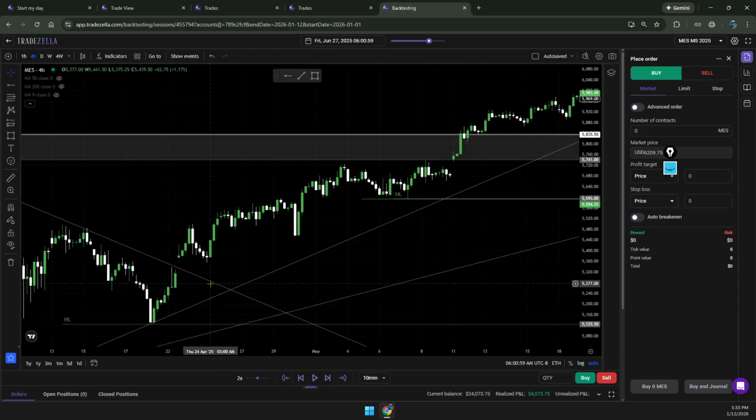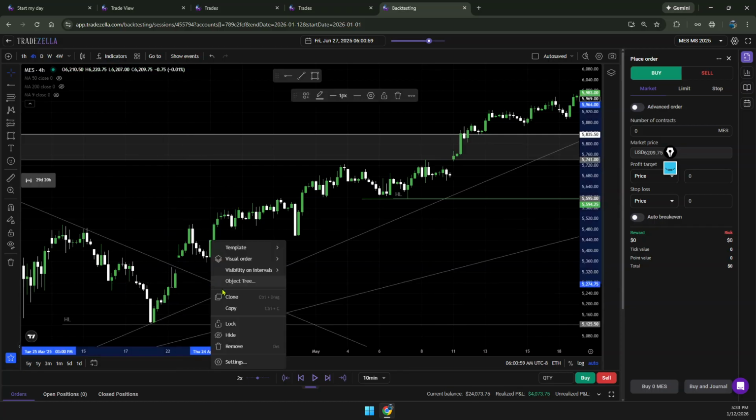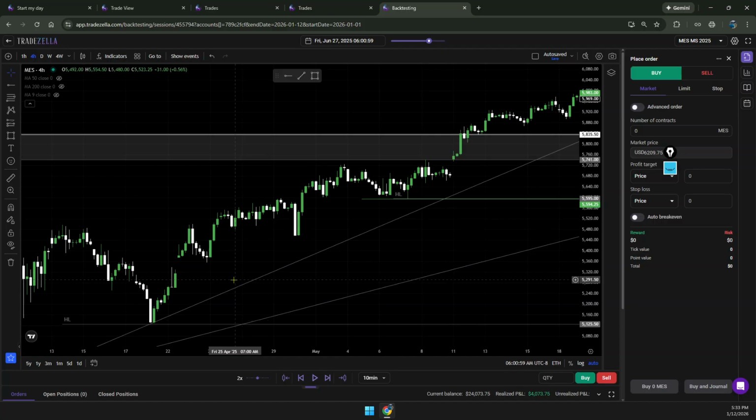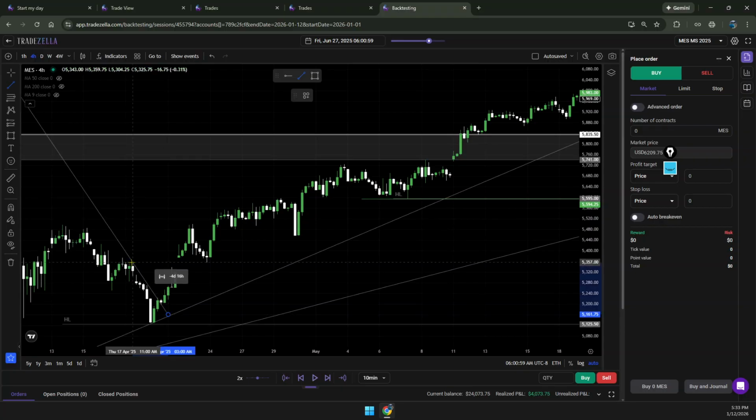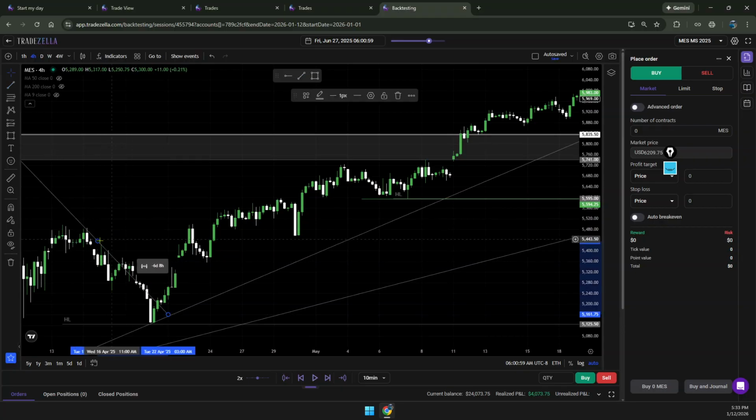Let's say I'm going to remove this and say we're a support resistance trader, okay? Let's just say we had a little steeper trend line here. I saw this break.